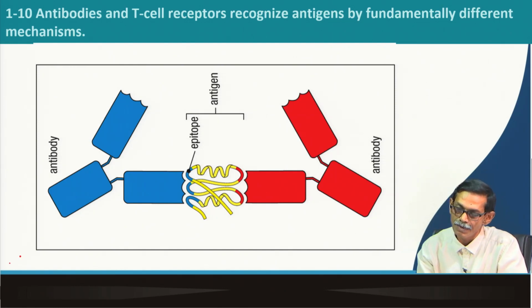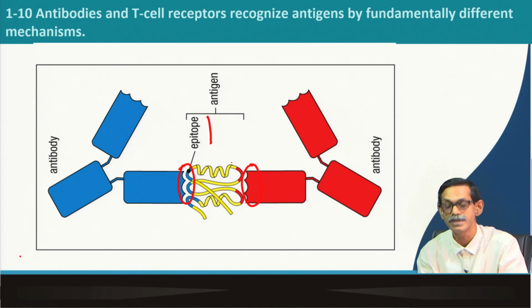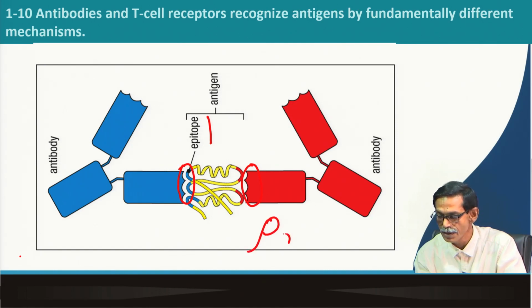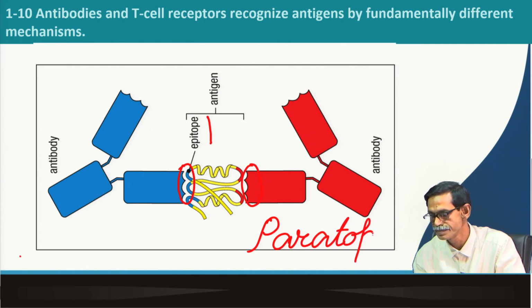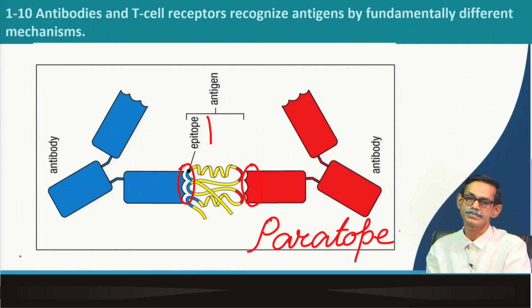So, the part of the antigen which is recognized by the antibody is known as the epitope, but the part of the antibody which is recognizing the epitope is known as the paratope.